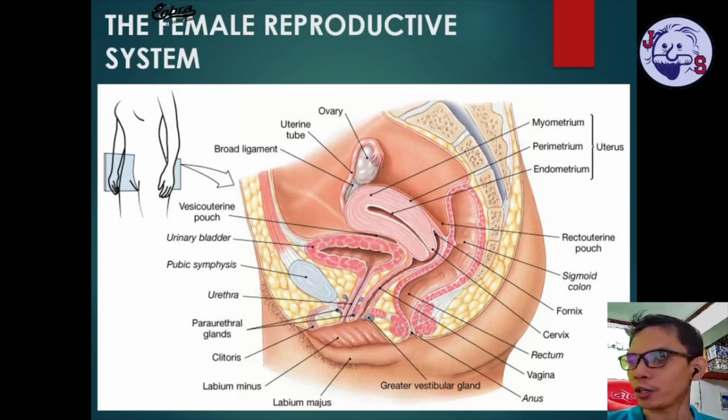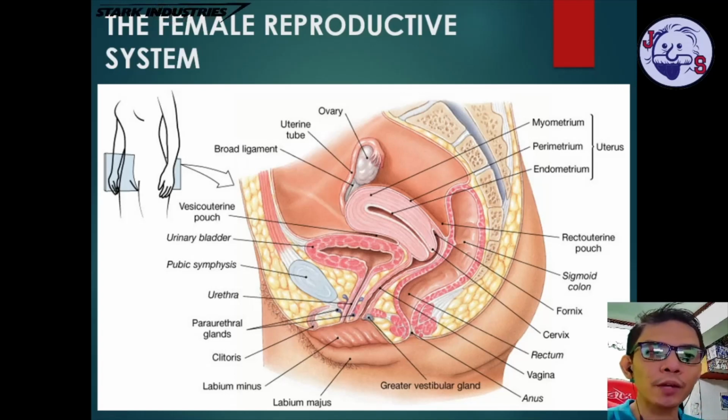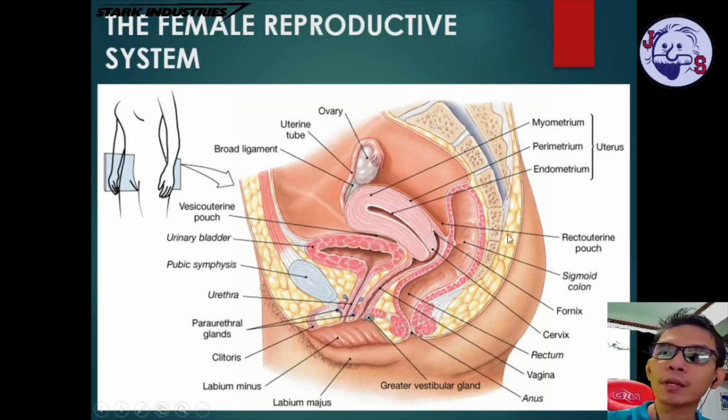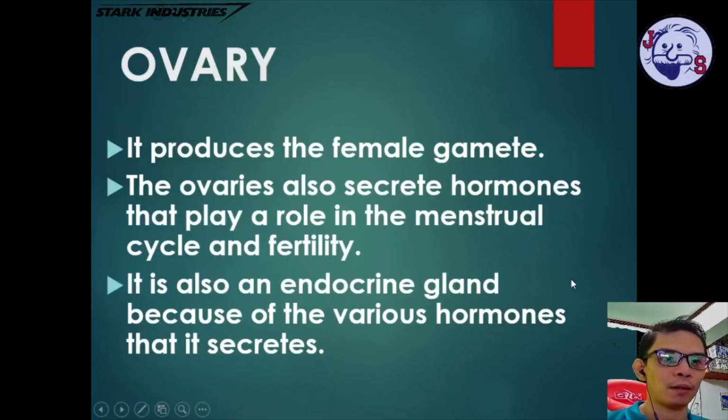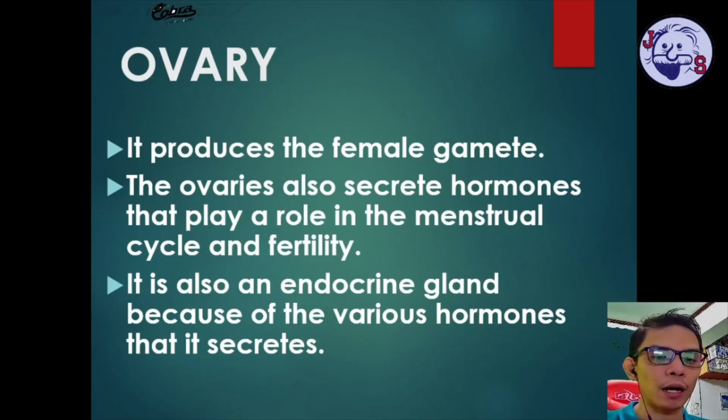So in order to start our discussion, we will start with a very important organ in the female reproductive system, and that is none other than the ovary. The ovary is the most important organ in the female reproductive system.